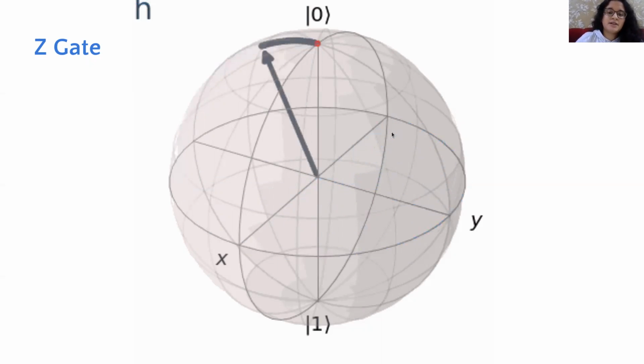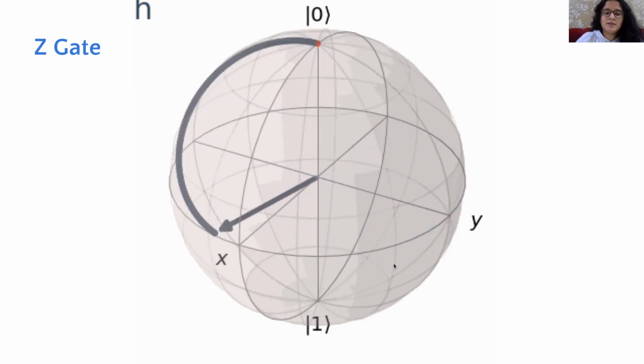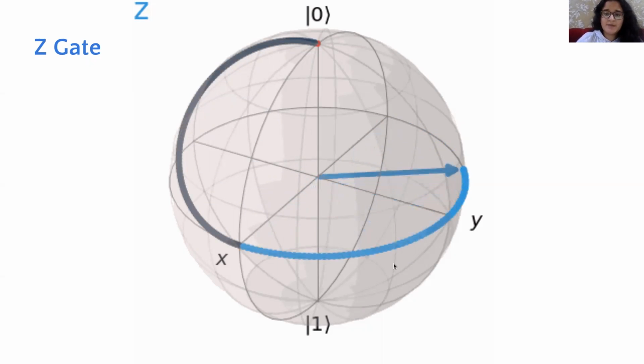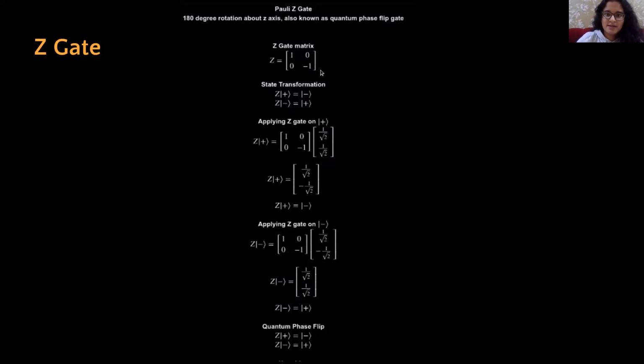So to get this rotation in mathematical terms, we get this Z matrix. From our intuition and from the definition of the Z matrix, we can derive it, and we'll do it later on. The transformation it does is basically transforming ket plus to ket minus and ket minus to ket plus, which we can see by multiplying those values, and the result is consistent with what is mentioned over here.